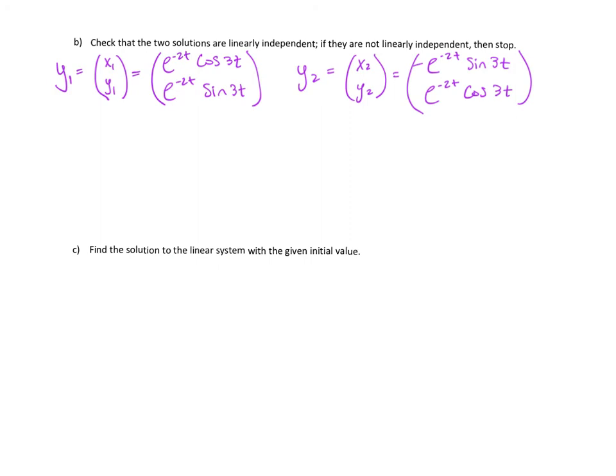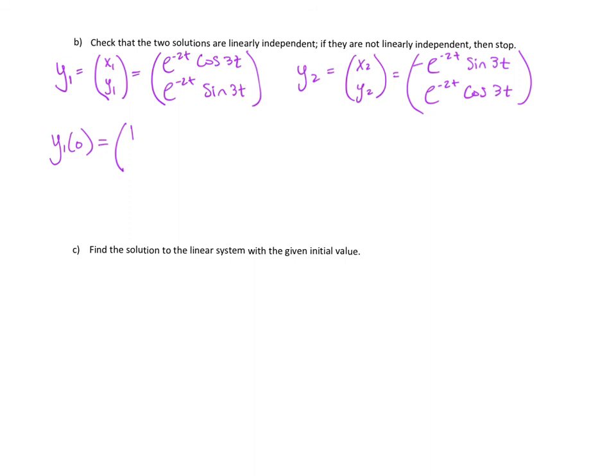Check that the two solutions are linearly independent. If they are not, we stop, but we can still check. Okay, so to have linearly independent solutions, that means that if you plug in 0 into both, you get linearly independent vectors. So y1 of 0, if you put a 0 in for all the t's, this becomes a 1. Cosine of 0 is 1, so 1 times 1 is 1.